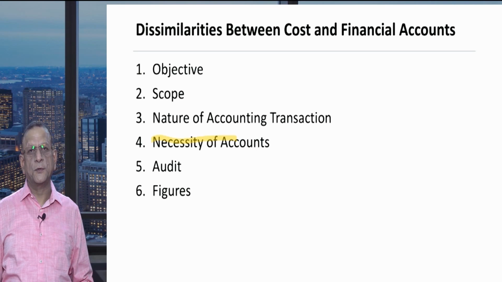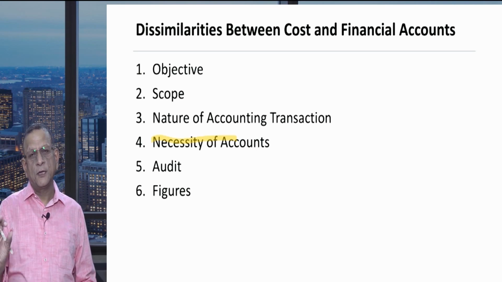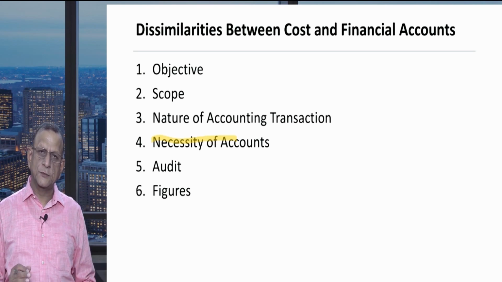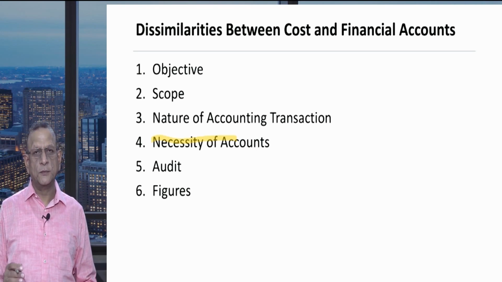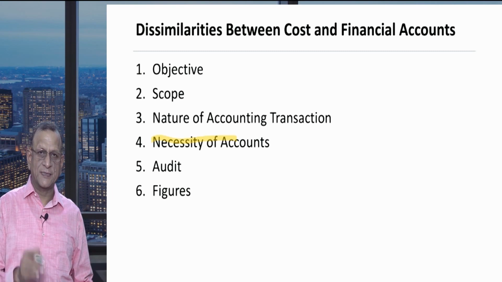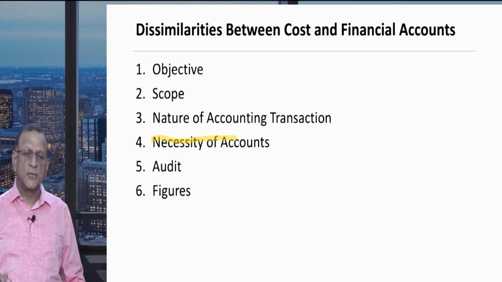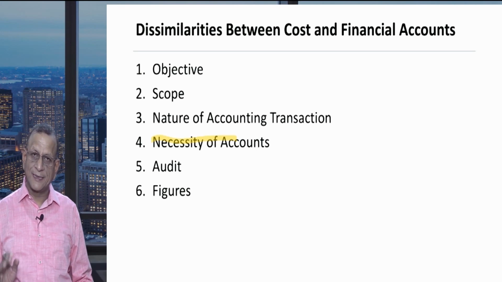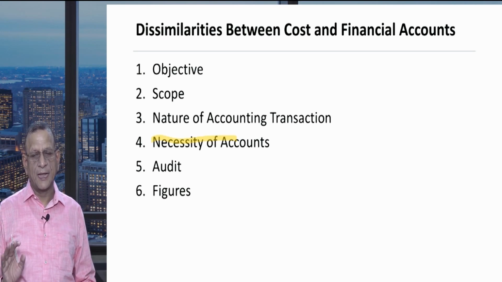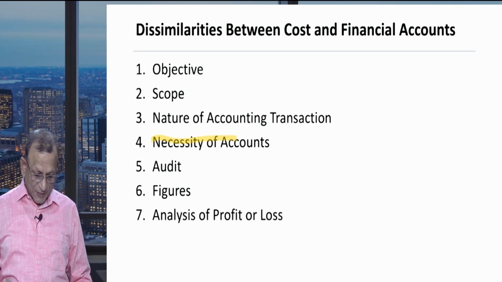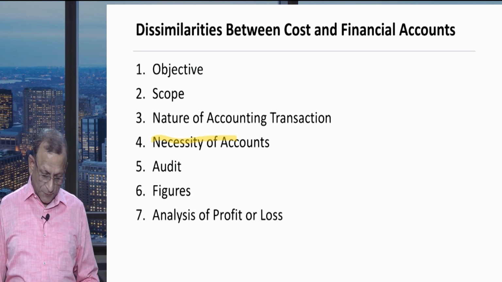What kind of numerical figures are we going to consider? In the case of financial accounts, every figure is important if it's related to business, not just cost. But in the case of cost accounting, only if it is related to cost is it considered important or recorded.